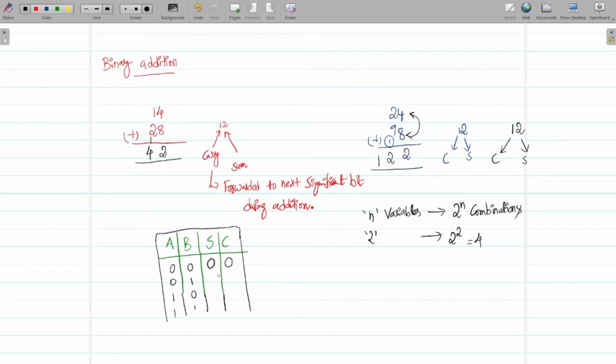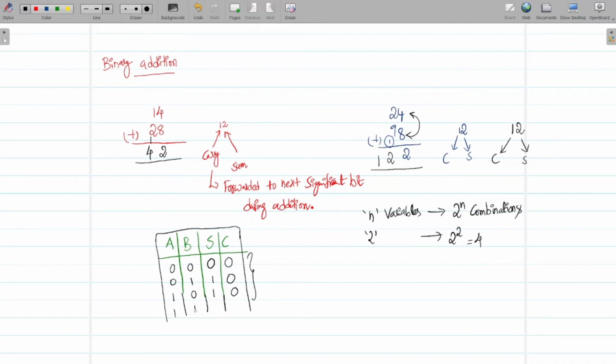When you add 0 and 1, sum will be 1, carry is 0. 1 and 0 also gives sum as 1, carry as 0. For these first three combinations the carry is 0, because it is intuitive: 0 and 1 gives 1, 1 and 0 gives 1.